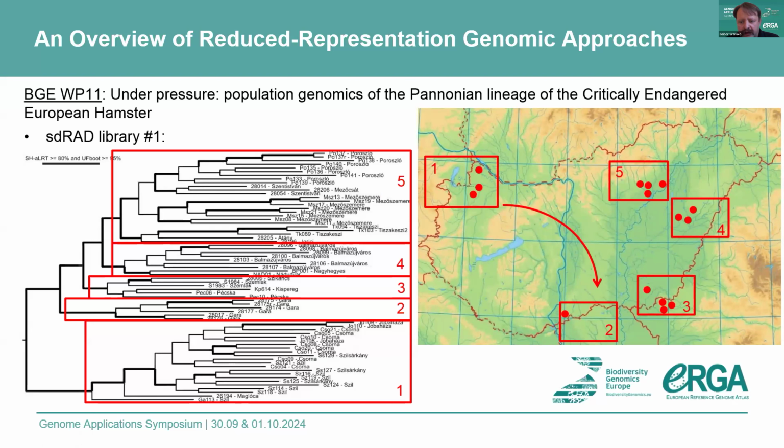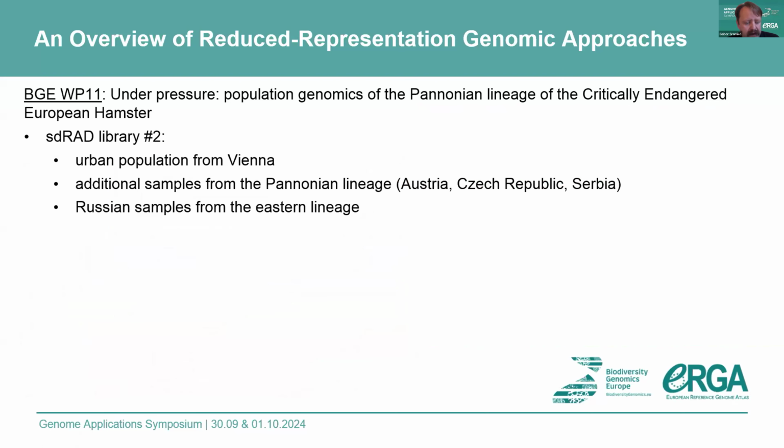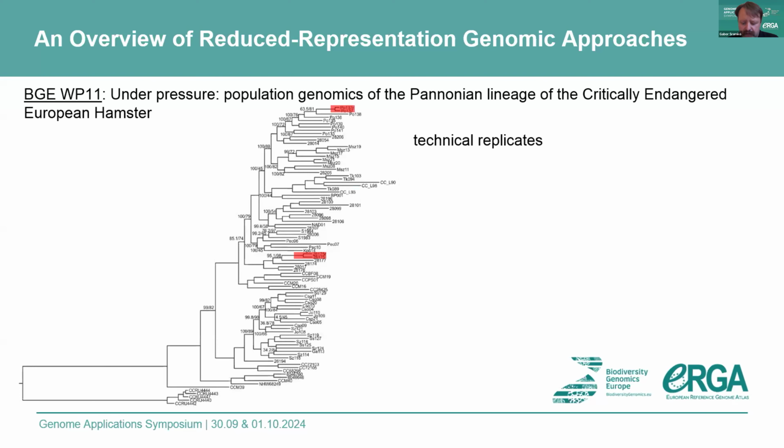This is the basic split within the populations or the groups. But the number of samples was not so high, so we managed to obtain samples from Vienna, actually an urban population, more samples from Austria, Czech Republic, Serbia, so basically the neighboring countries, and we were also sent some Russian samples that represent an eastern lineage of the species.